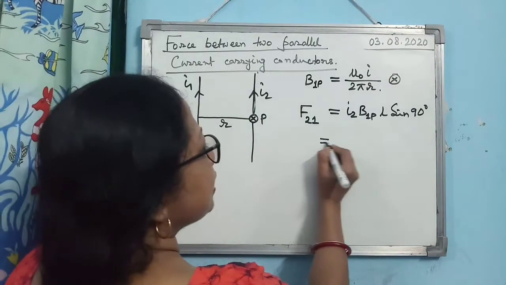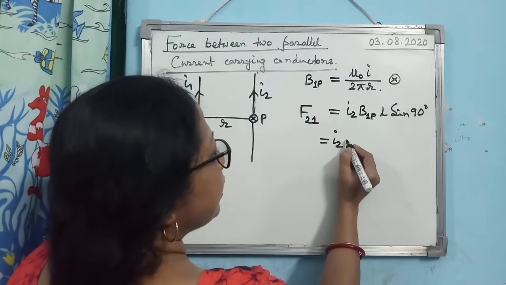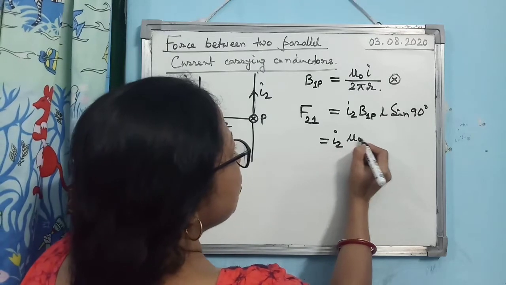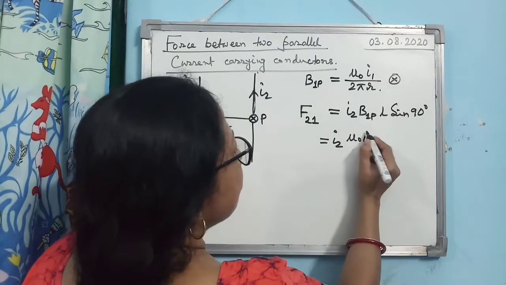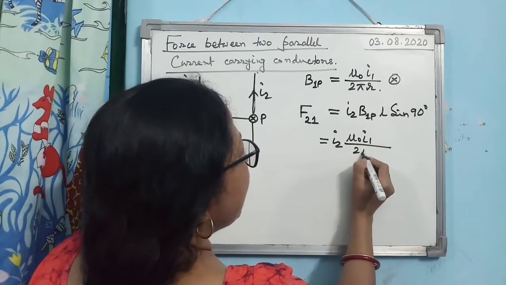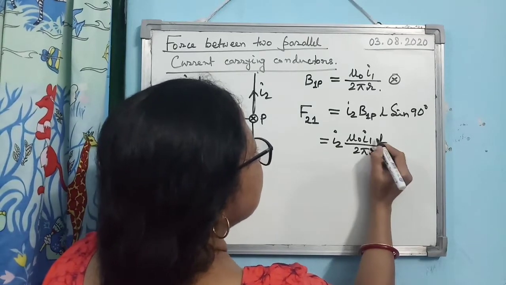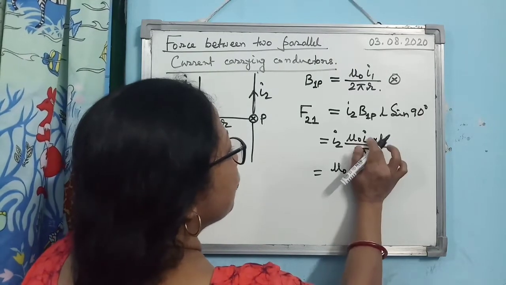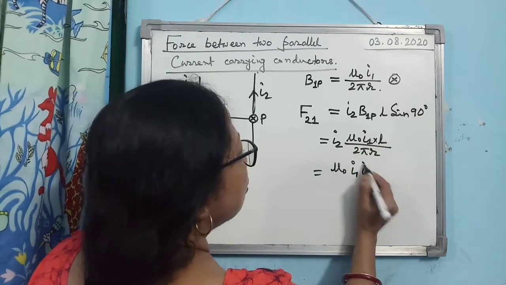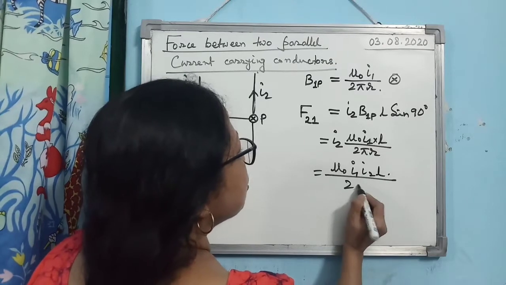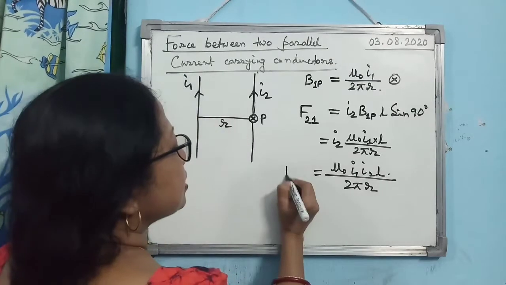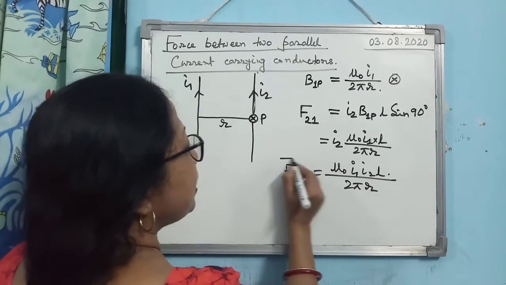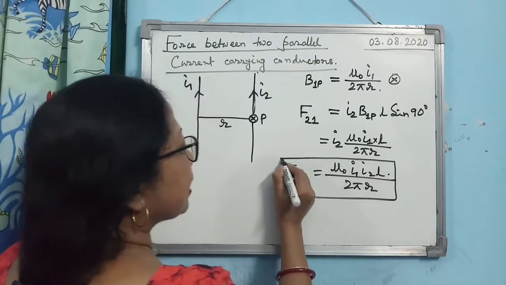If you substitute, it is I2 times mu 0 I1 by 2 pi r into L. So you can write it as mu 0 I1 I2 L by 2 pi r. This is the force experienced by the second conductor.